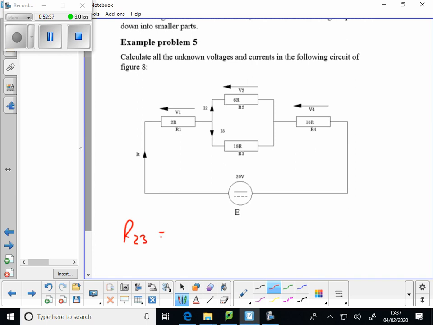So R23 is equal to R2 times R3 over R2 plus R3. That is 6 times 18 over 24 equals 4.5 ohms.